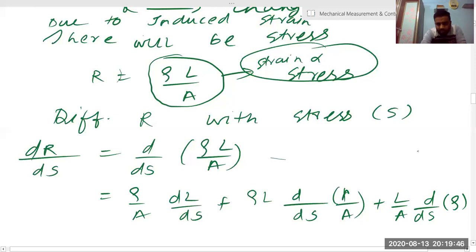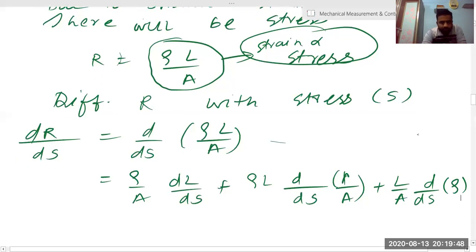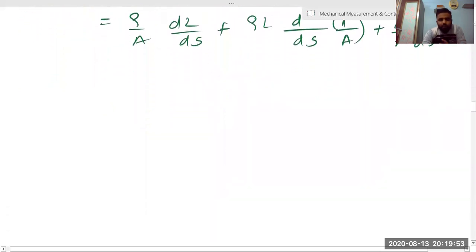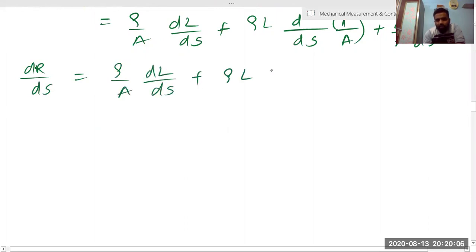Now I'll try to differentiate this properly. I hope this is visible to you. So dR by dS will be equal to rho by A times dL by dS, which we cannot simplify further, so it stays as it is. Then rho L times 1 upon A, whose derivative is minus 1 upon A squared into dA by dS, correct?